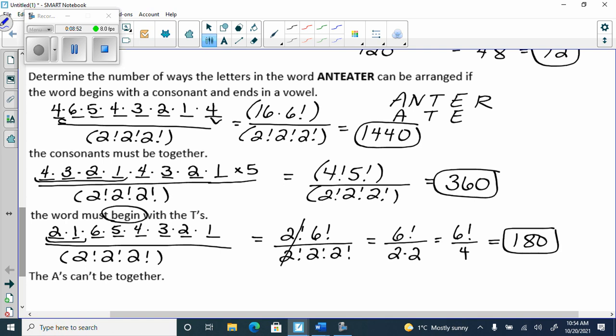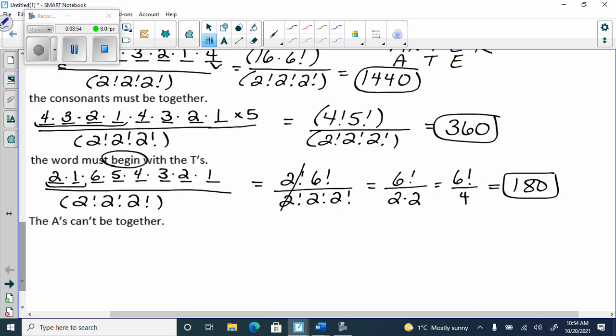And then the A's can't be together. So I do all the words in anteater, no restrictions. How many letters are in anteater? 8, but I have to divide by 2 factorial, 2 factorial, 2 factorial, which I believe is 5,040. And then minus, now the A's together, right? And there's 2 A's.